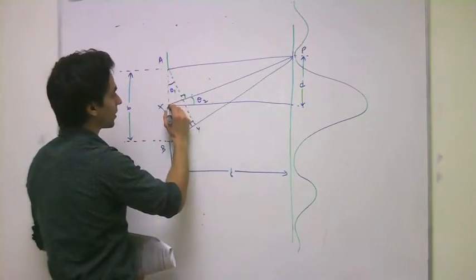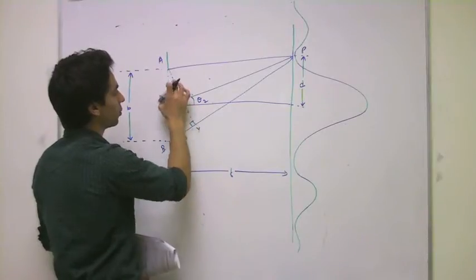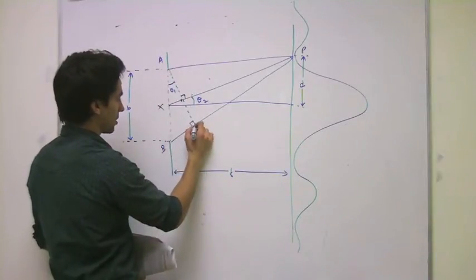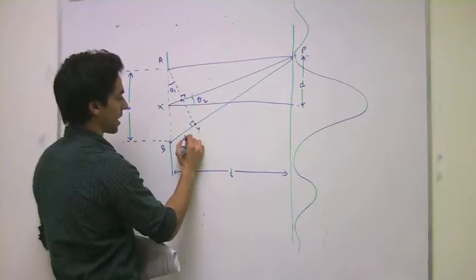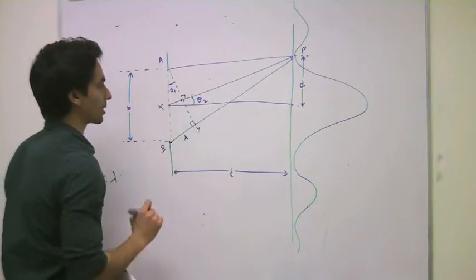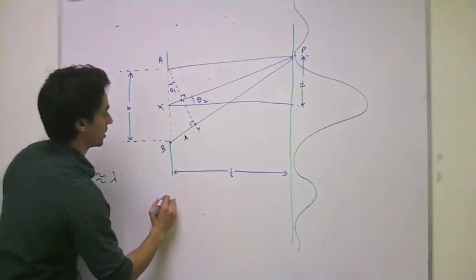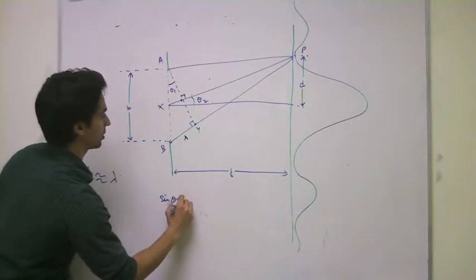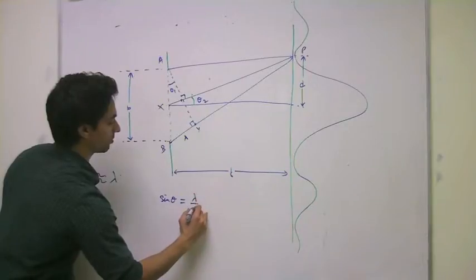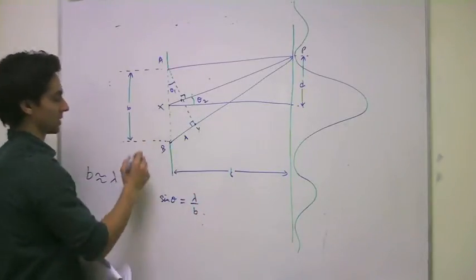Now when we do that, and this is lambda over 2, from similar triangles we can see that BY over here must be lambda, twice lambda by 2. So in this triangle ABY we can see that sine theta equals lambda over b. b is the slit width.